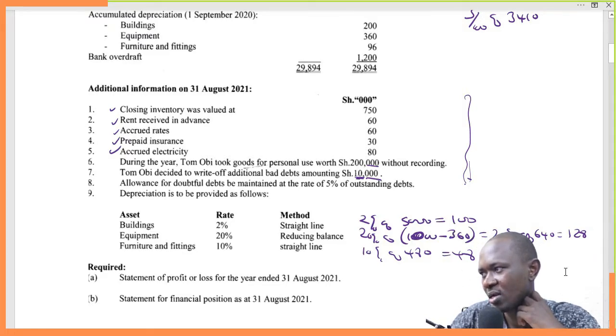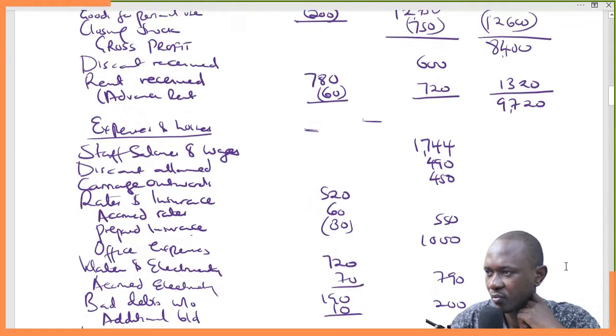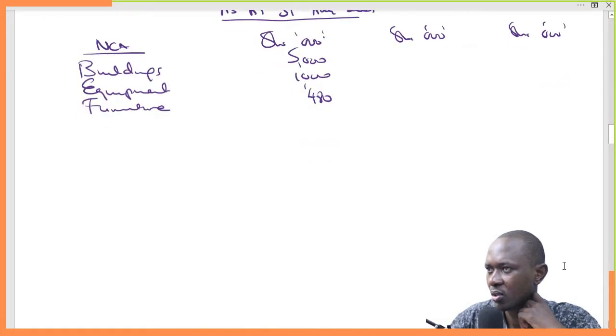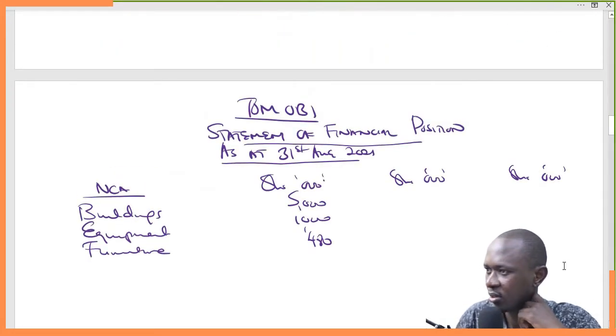So 300, 488, and 144. This is now the accumulated depreciation so far.